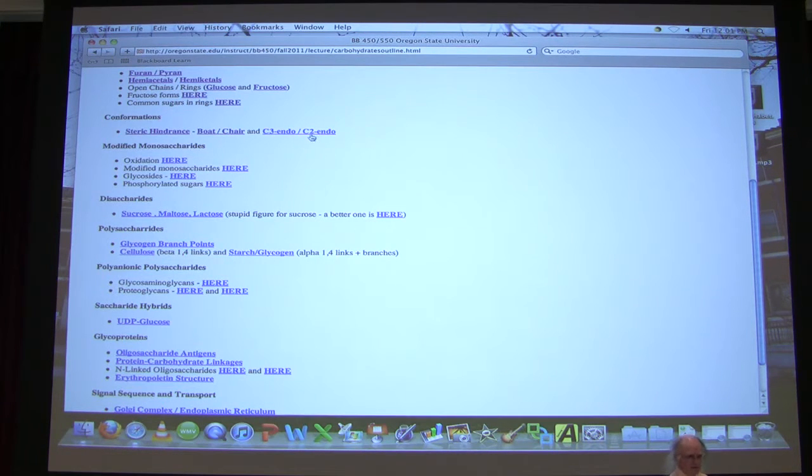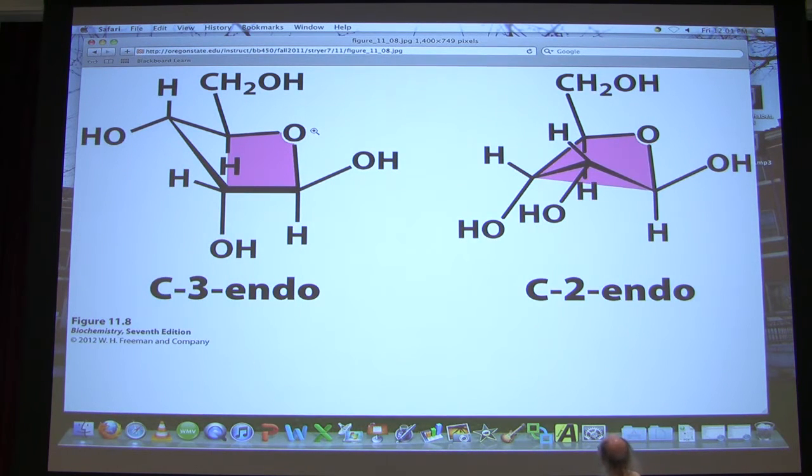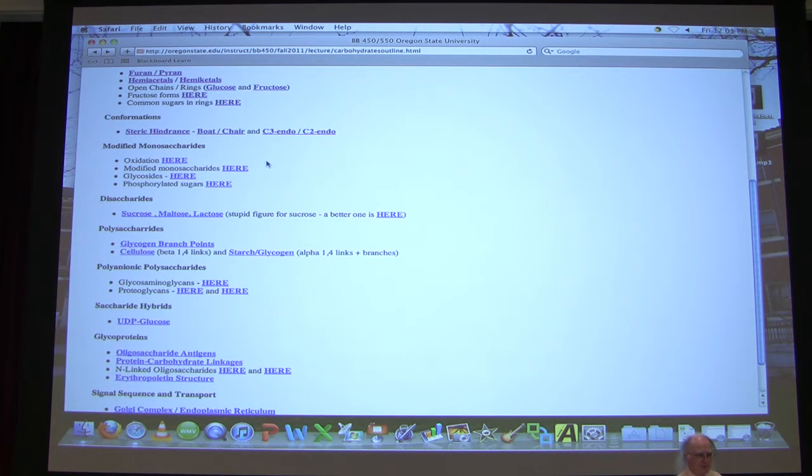You are not responsible for them. I'll show them to you because they're a little harder to conceptualize. But I think of them as sort of like an envelope, right? There's the top part of the envelope there, and whether the top part of the envelope is up or down. But we need space models really to have a better understanding of that. So we won't mess with those guys.